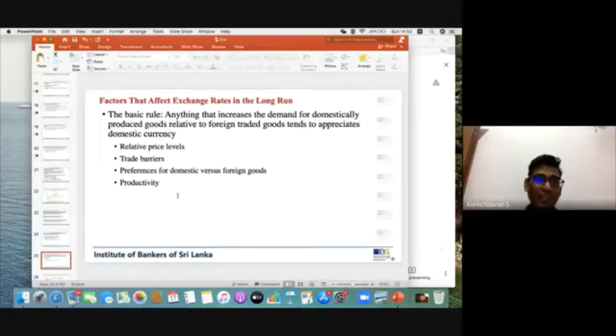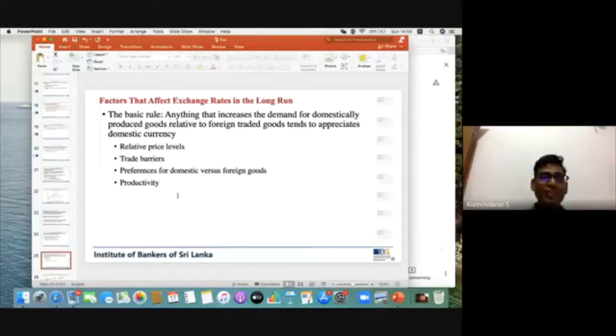So the factors that affect exchange rates in the long run: one is relative price levels, another is trade barriers, another is preferences for domestic versus foreign goods, and productivity.